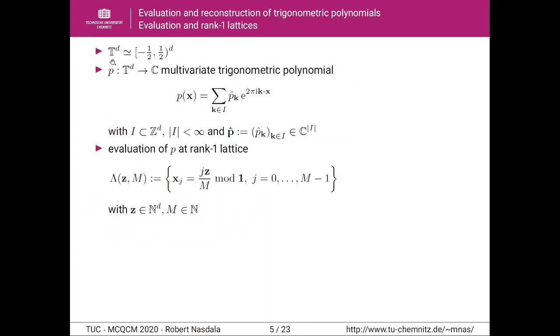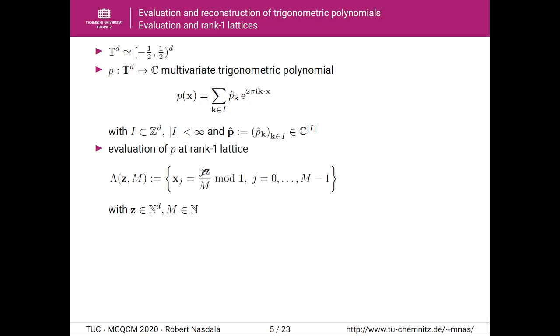The torus, in our case, is identified with the interval [-1/2, 1/2). And we consider at first trigonometric polynomials of this form, where we sum over some non-empty but finite frequency set I. And at first we want to evaluate such polynomials, and we define rank-1 lattices.